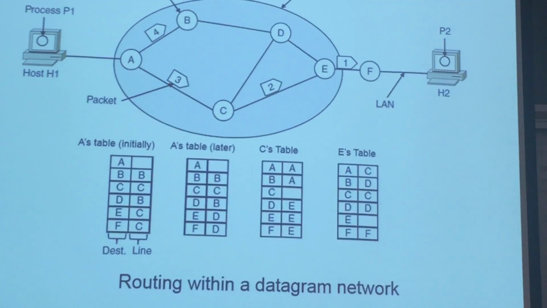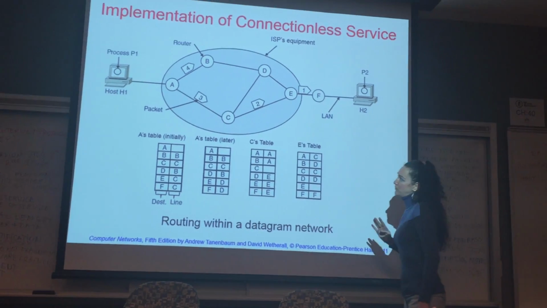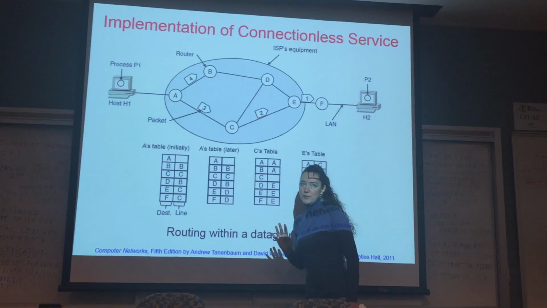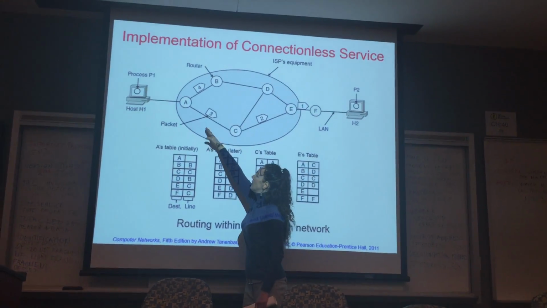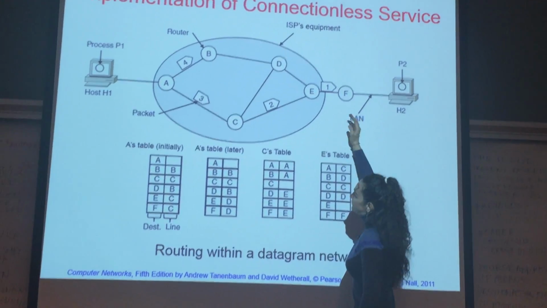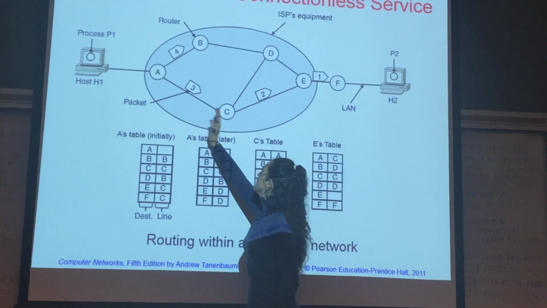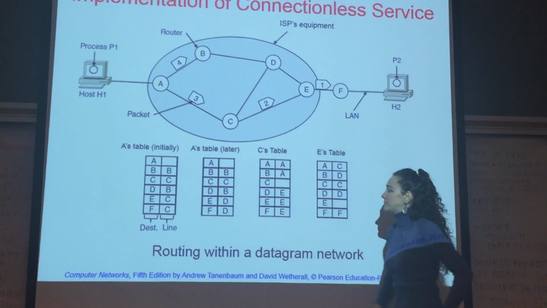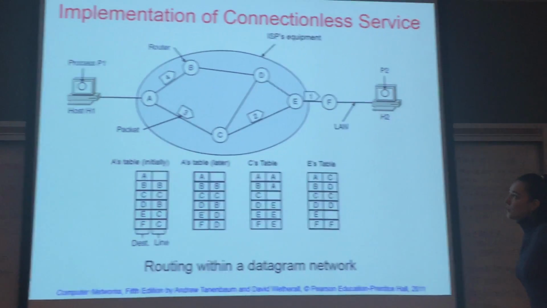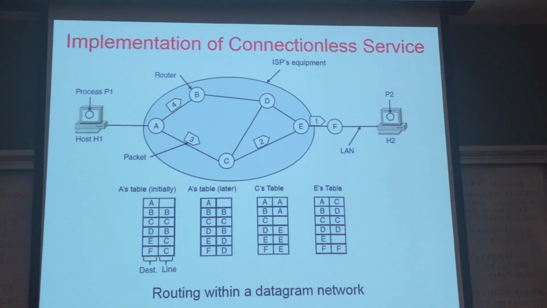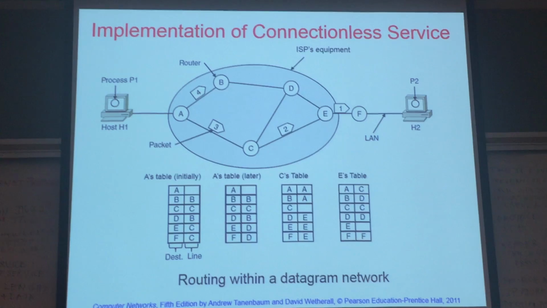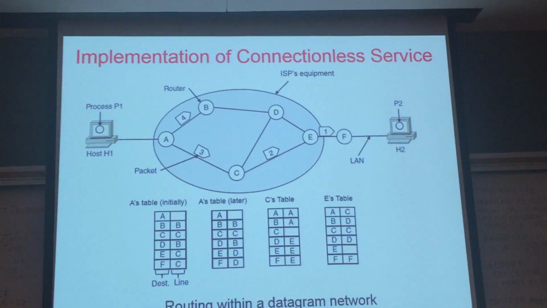Now, this packet was split into 4 pieces, and all of them went through this route, A, C, E, F, except for the last one. The last one picked up a different path.